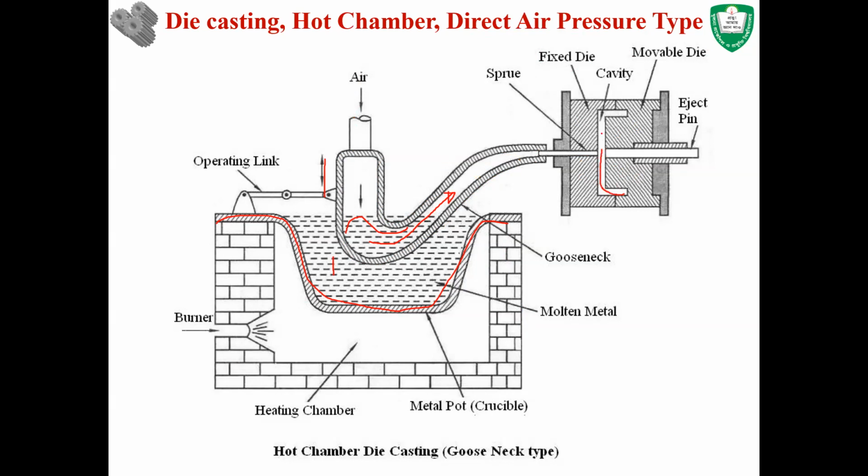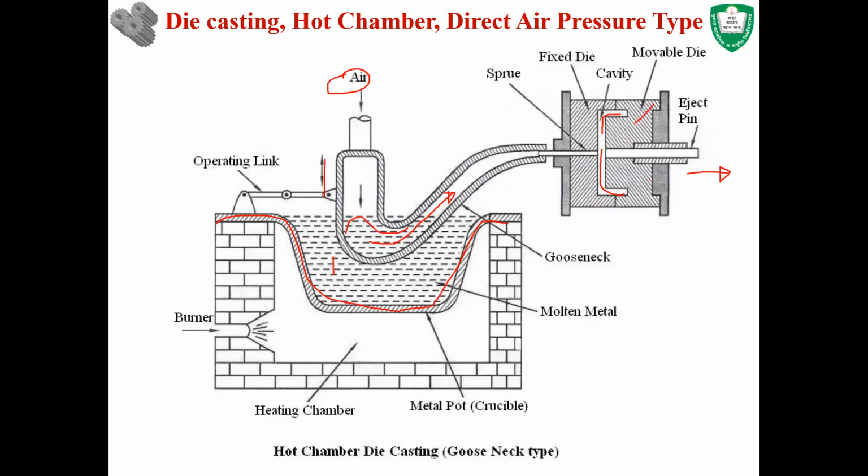When the molten material gets into the cavity, we apply solidification. We keep the air pressure constant and apply cooling water for solidification. After solidification, the movable die moves towards the right, and the part that is produced also sticks to the movable die.